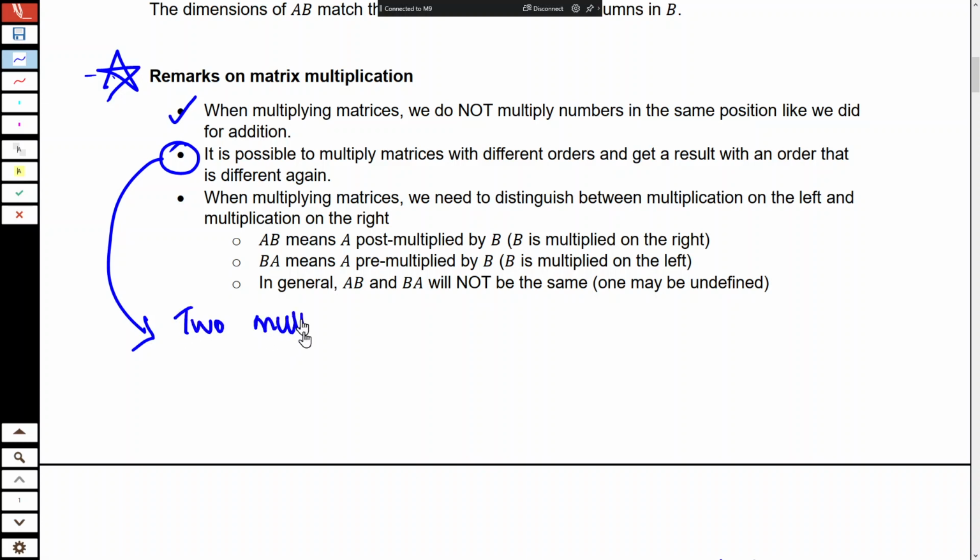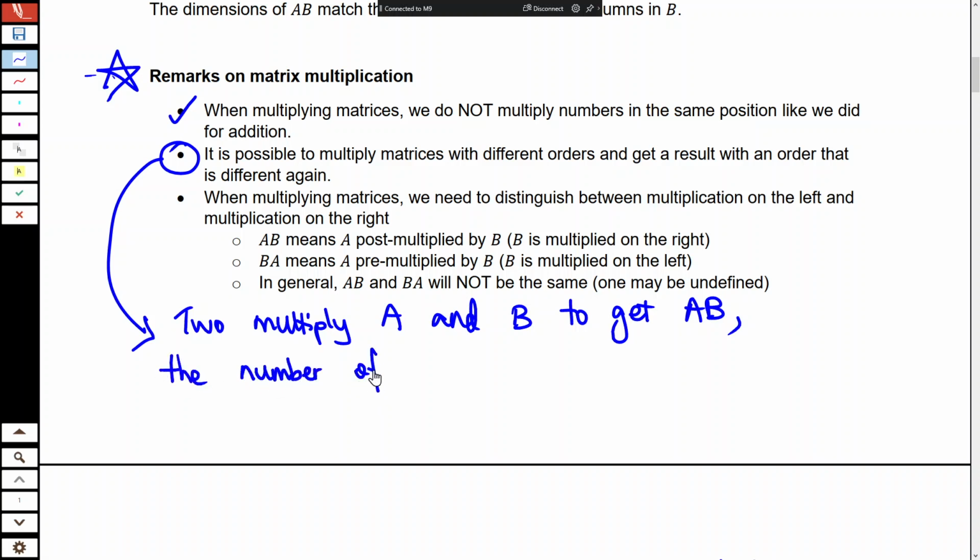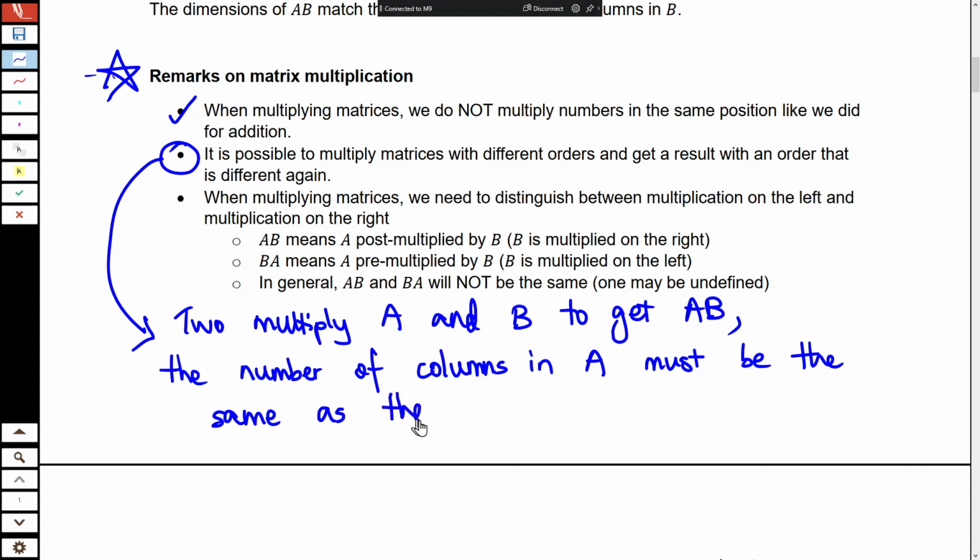To multiply A and B to get A times B, the number of columns in A must be the same as the number of rows in B.